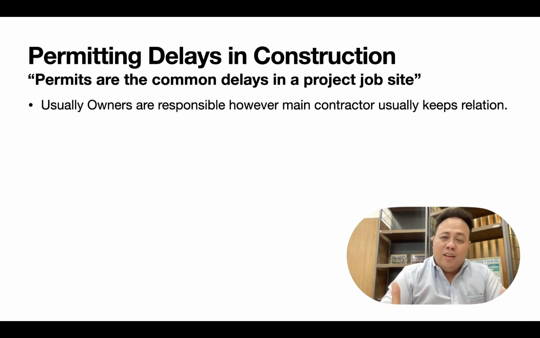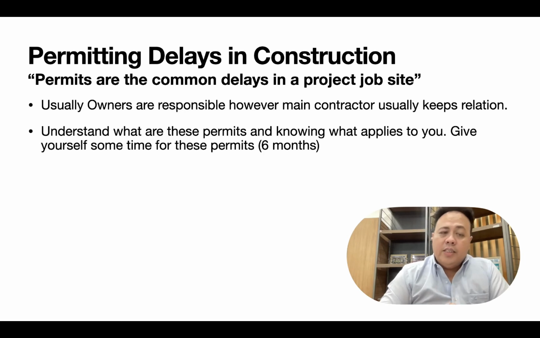However, if you're the main contractor, you have to keep the relationship and support the owner. At the end of the day, our job as a contractor is to serve the owner. So even if they're responsible, we should properly give them the correct advice, and what we assume is the correct schedule to acquire this permit in order to start the project.